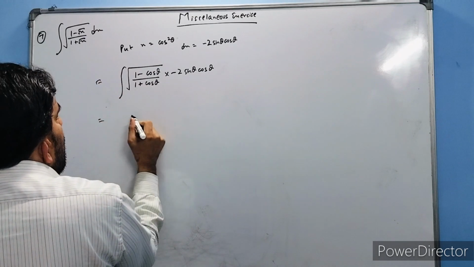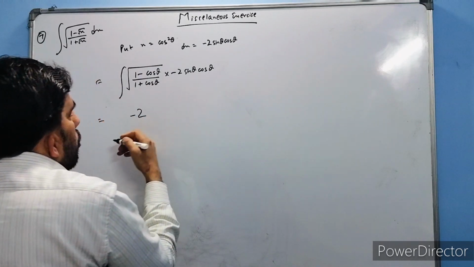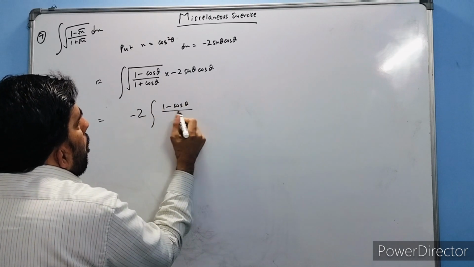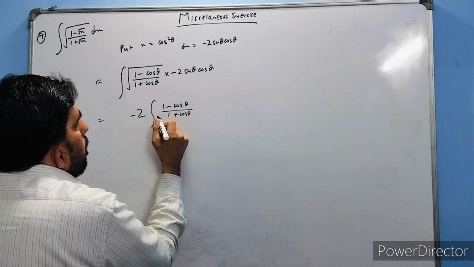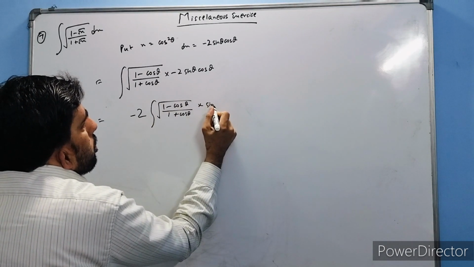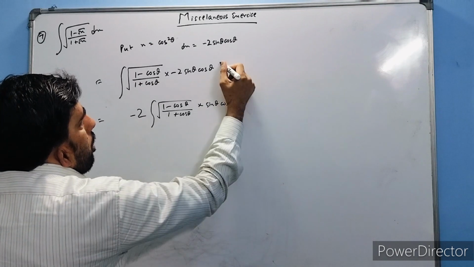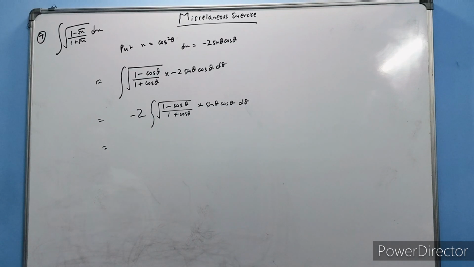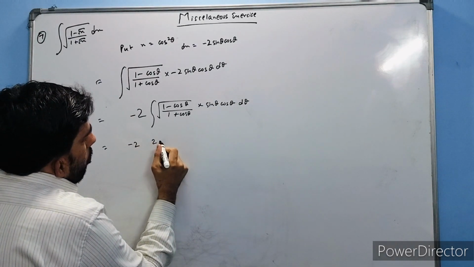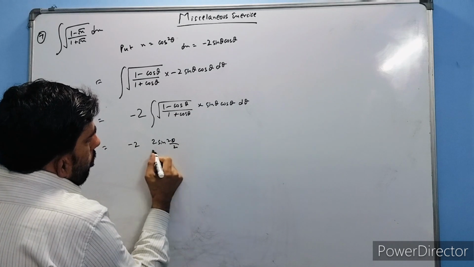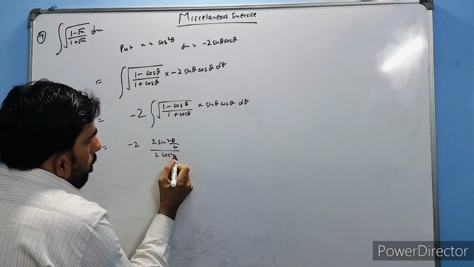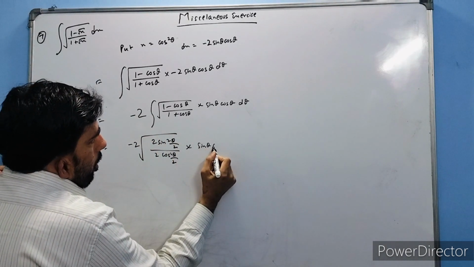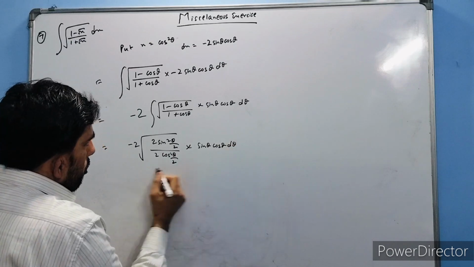So what we can do here? Take 2 outside, and now I have 1 minus cos theta upon 1 plus cos theta into sine theta cos theta d theta. Okay, so now we'll try to solve this out. What will we do? 2 sine square theta by 2 upon 2 cos square theta by 2 inside, now into sine theta cos theta d theta.